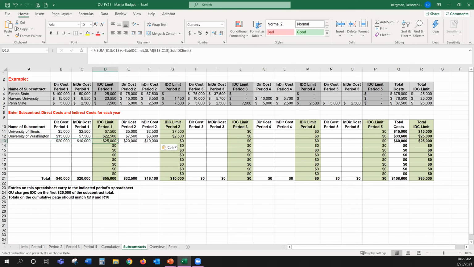It only collects until it gets to 25,000, and then it stops. So if we collect IDC on the whole 25,000 in year 1, then we're done. Otherwise, we continue on until we get to 25,000.